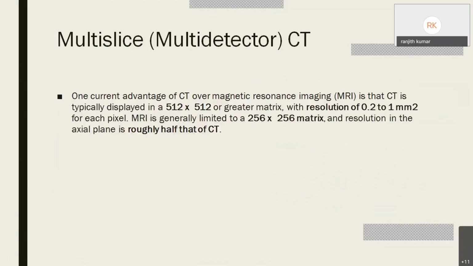Coming to the multi-slice detector, further advancement led to the multi-slice CT, and the difference between CT and MRI is presented here. The advanced CT has a 512 by 512 matrix with higher resolution, whereas MRI is limited to only a 256 by 256 matrix, with only half the resolution of the advanced CT.